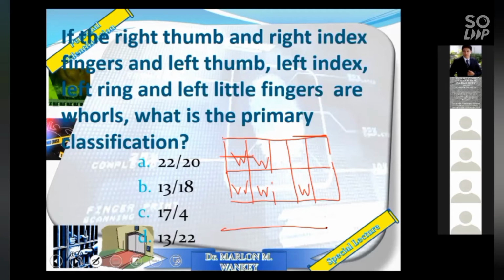So, 18 plus 1 is 19, plus 1 is 20. Doon mo palang malalaman, may sagot ka na. Automatic, yan yung sagot. Diba? Ayan. Hindi mo na kailangang sagutin pa yung numerator kung there is only 120 among the choices.